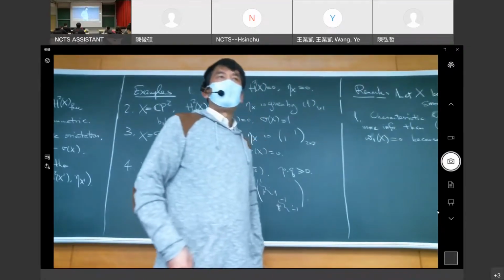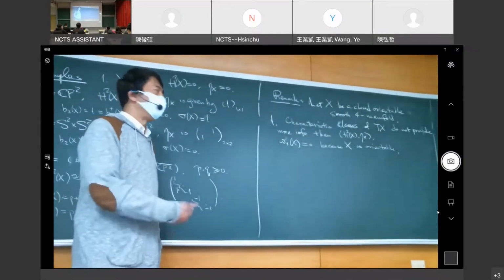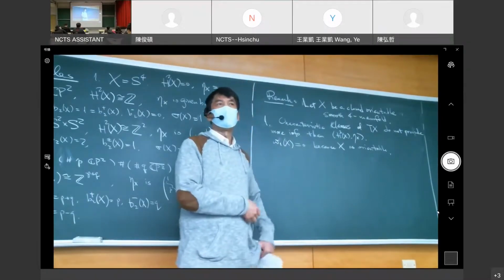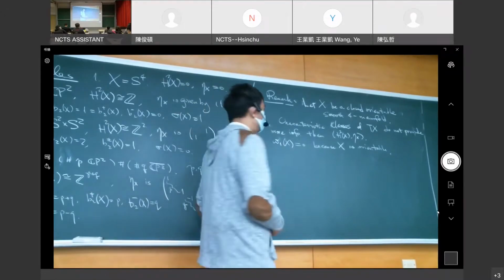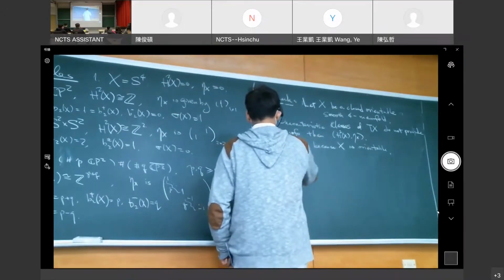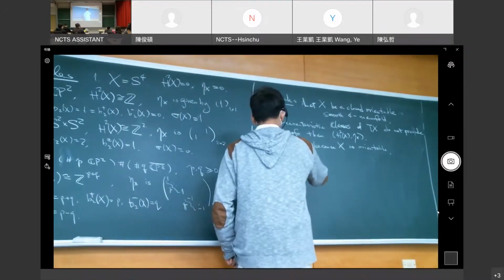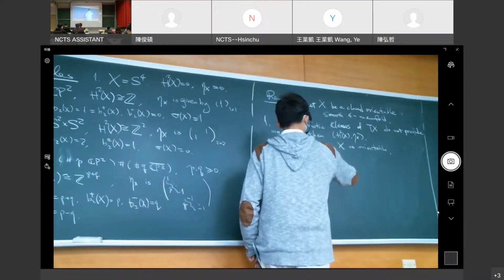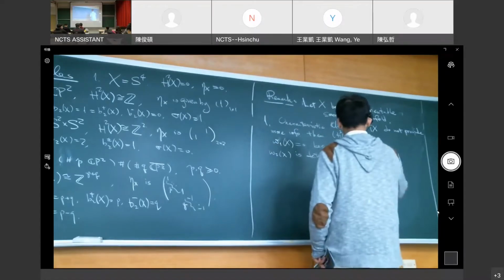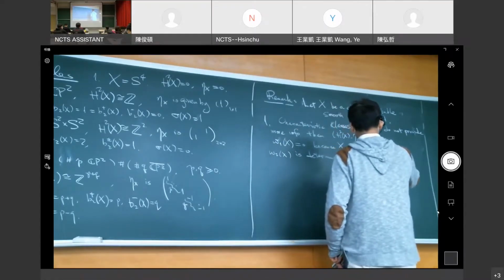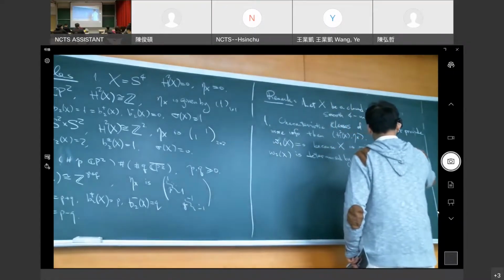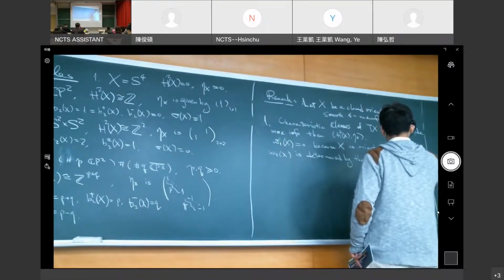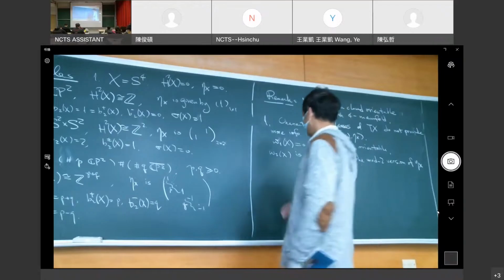And in our case, actually, we can say what the second Stiefel-Whitney class does. So w2 of X is in fact determined by the mod 2 version of the intersection form in the following way.